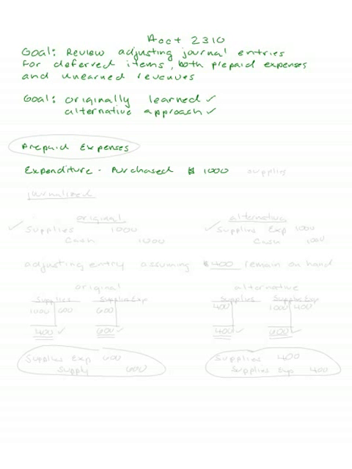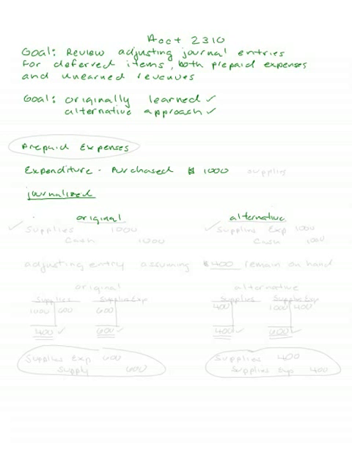How would the original entry be journalized for this, both under our original method and our alternative method? So we'll look at the journal entry when this was journalized originally, when it was purchased. Under the original method that we learned in 1110, and then the alternative method we just learned in 2310.